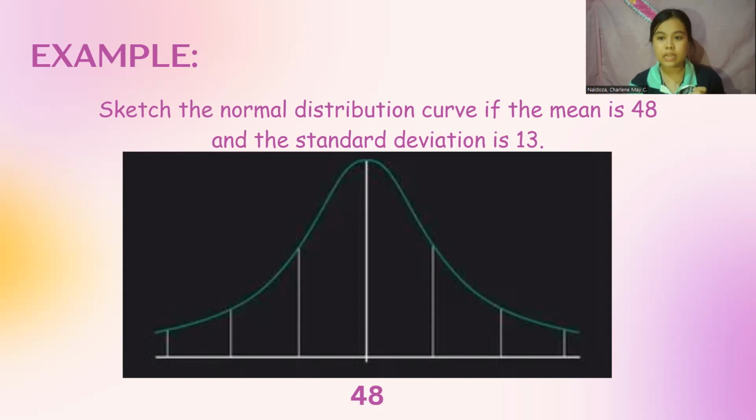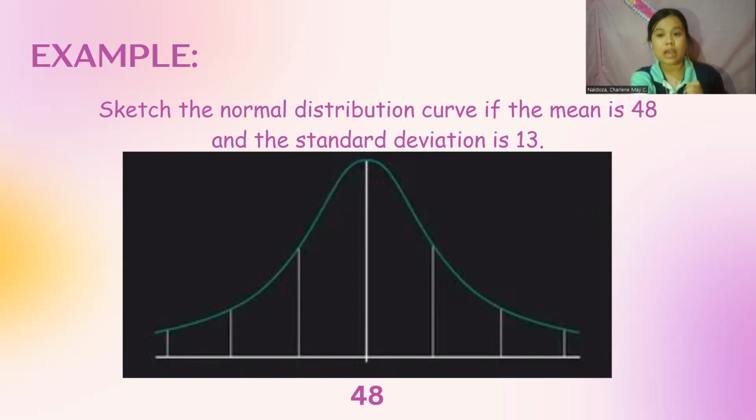Simply, let's get the standard deviation below, on the left side. We are going to subtract the 13 from the given mean, which is 48.